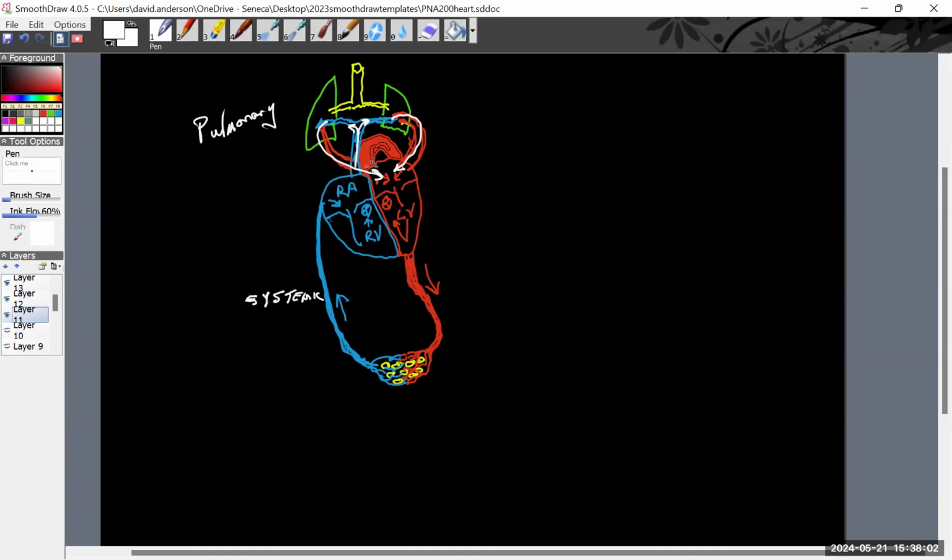Okay, and then our systemic circulation, can we do it with a different color that will show up? Our systemic circulation is going to leave through this valve, the aorta, and to all the cells and tissues, and then back up to the right side of the heart. Leaves the left side, comes back to the right side.